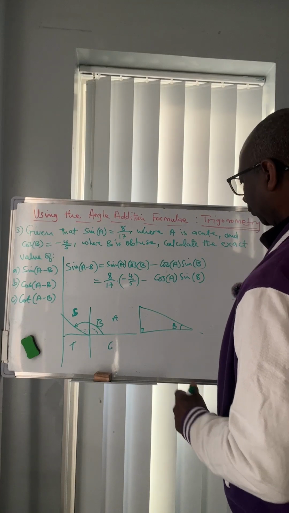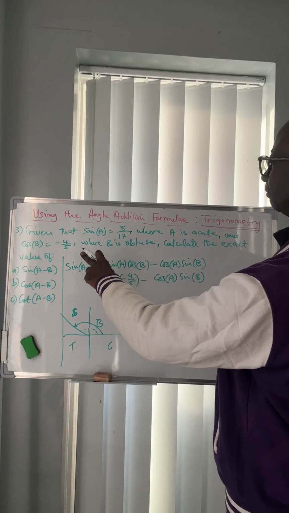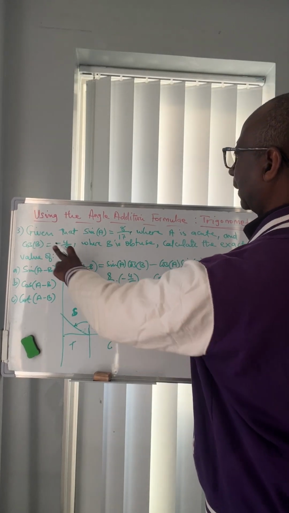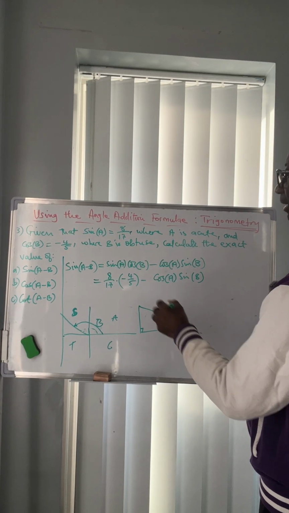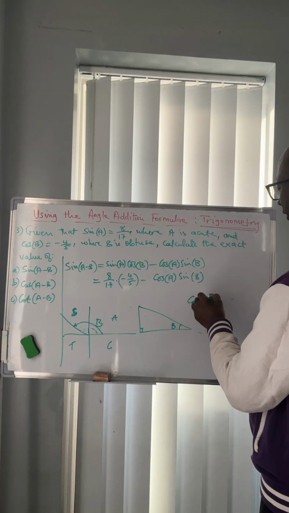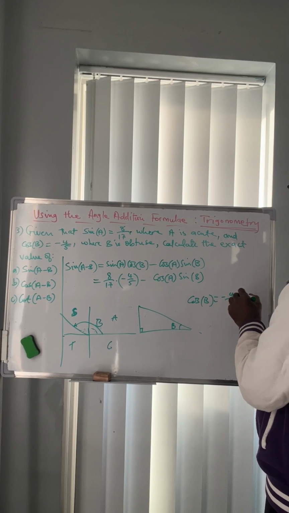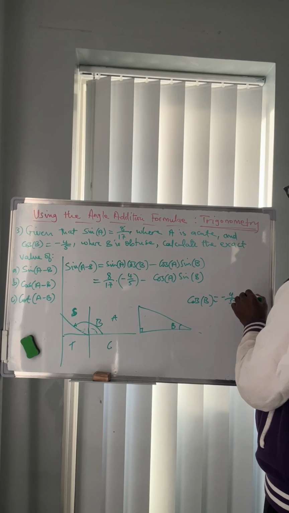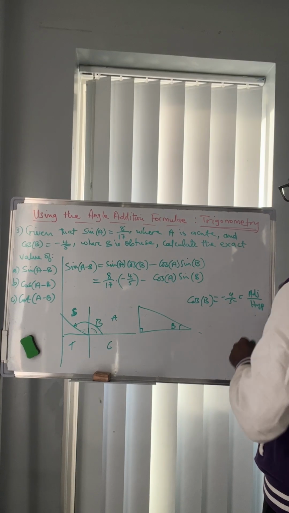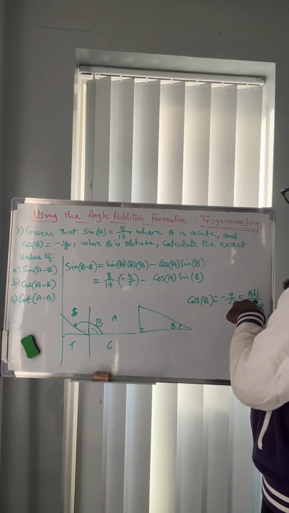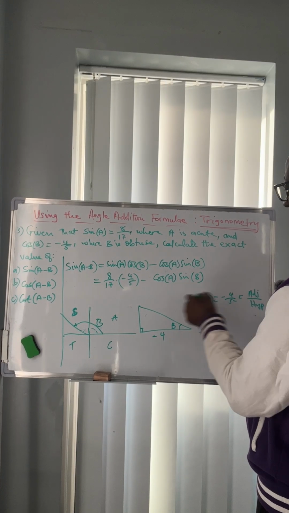We are told that cos B, which is obtuse as well, is minus 4 over 5. Cosine simply means the adjacent divided by the hypotenuse. So the adjacent to this angle is -4, and the hypotenuse is 5.